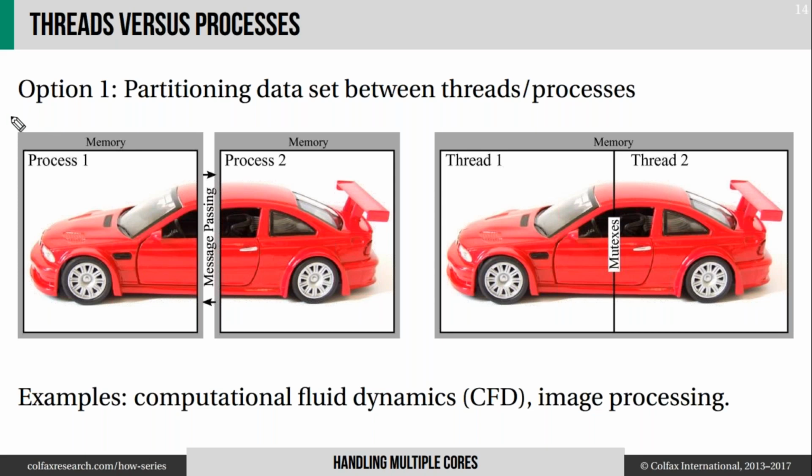Multiprocessing you can also use for computing. If you are solving something like a problem in a spatial domain, think of computational fluid dynamics. You're blowing air onto this toy car and you're computing how it goes around it and trying to optimize air drag.